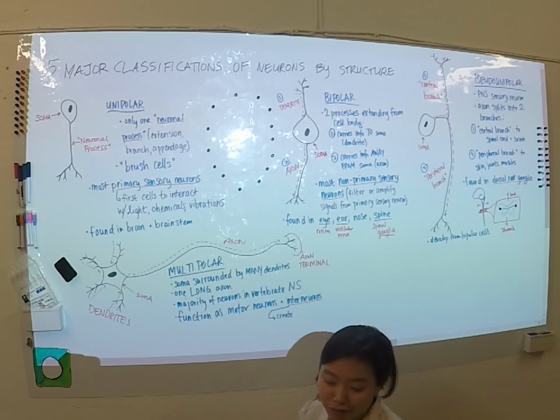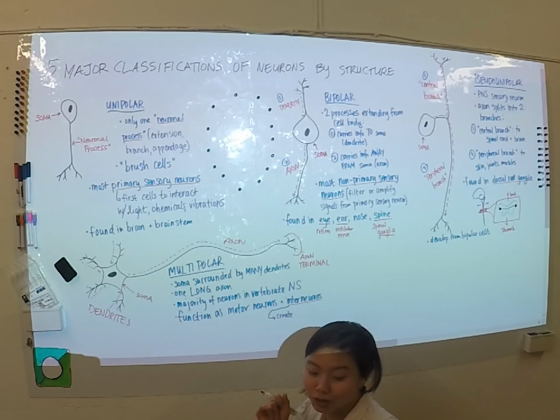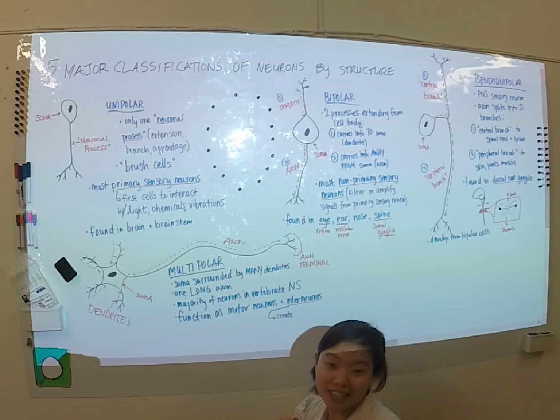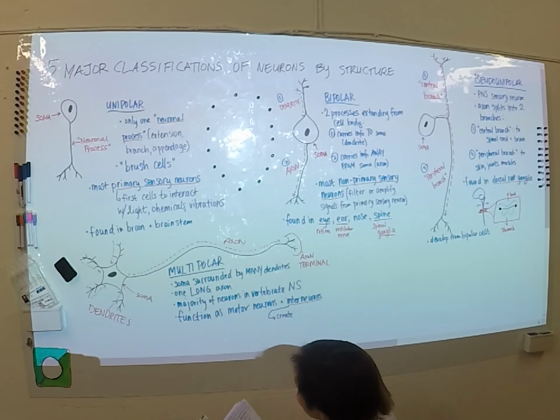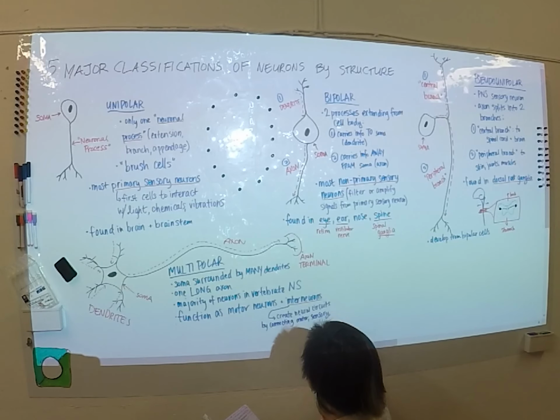And they're crucial for reflexes, neuronal oscillations, which is the fancy word for brain waves, and also for neurogenesis, which is when you create new neurons, okay?